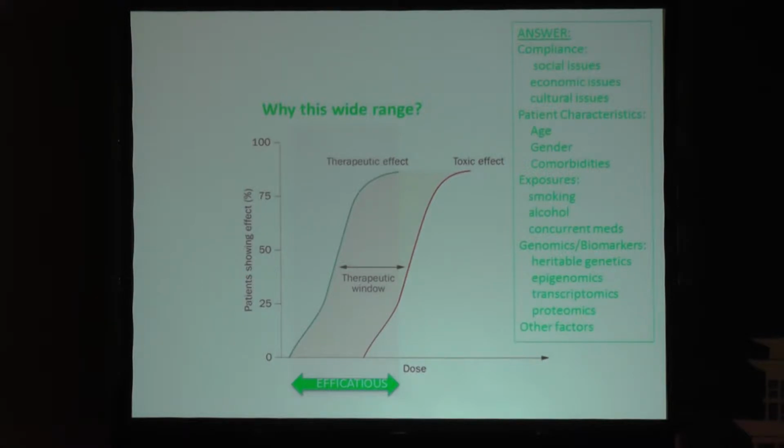The first thing that most of us think about is how the various genes or genetic variants that we carry can affect the way we metabolize, absorb, or excrete the drugs, and then how it can affect how the drug hits its target.